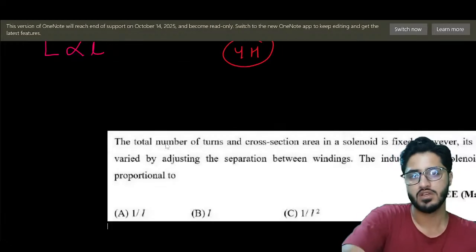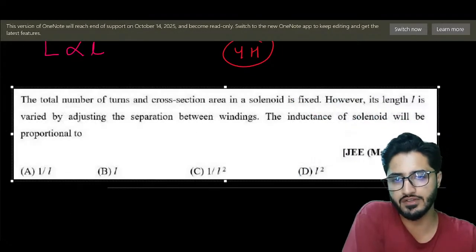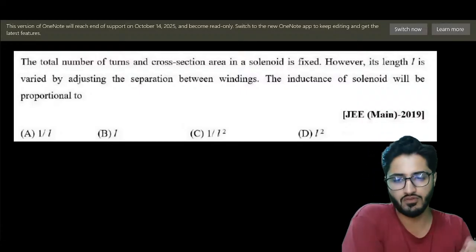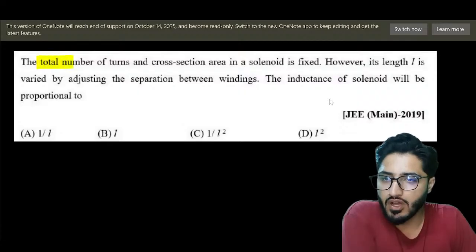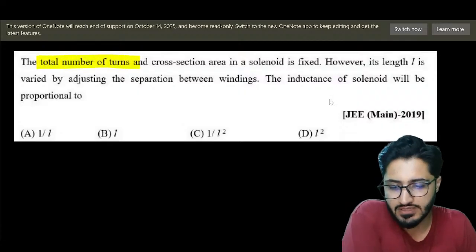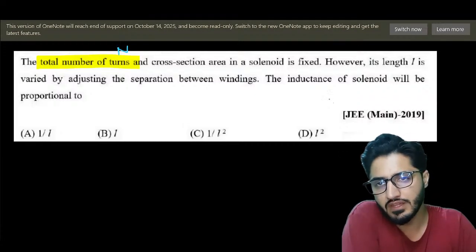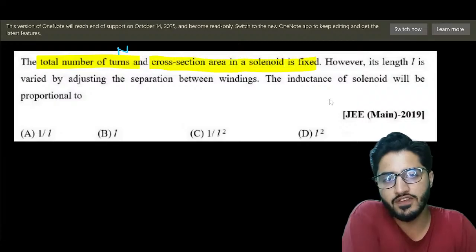Okay, this one now. So you can see this numerical is from, I guess, JEE 2019, right? How do we need to proceed in these numericals? Look, what is given to us? It is very easy now. The total number of turns simply indicates it is N. And the cross-sectional area in a solenoid is fixed.